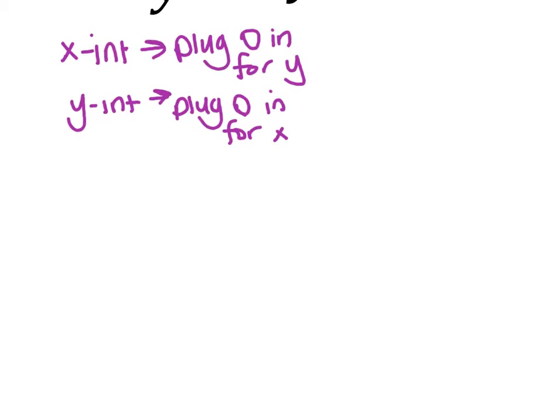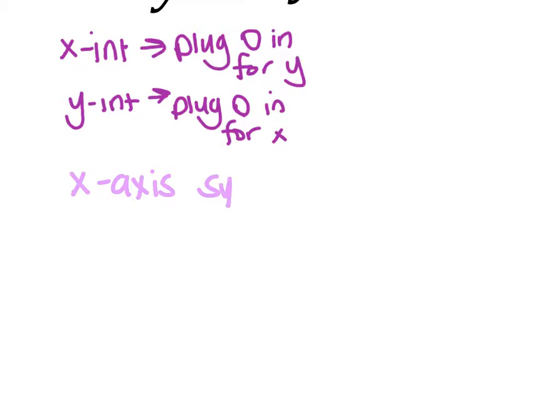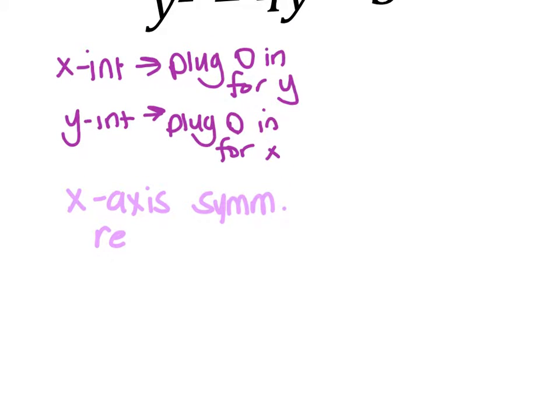How do I find symmetry? So how do I test for symmetry to the x-axis? Not for x. Remember, it's always the opposite. So replace y with negative y.